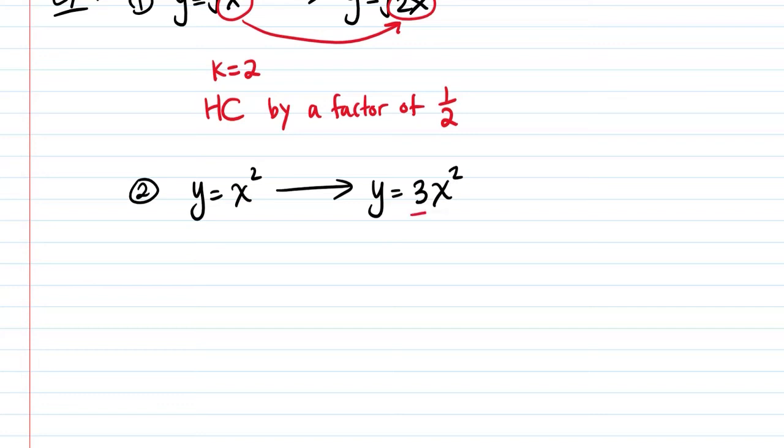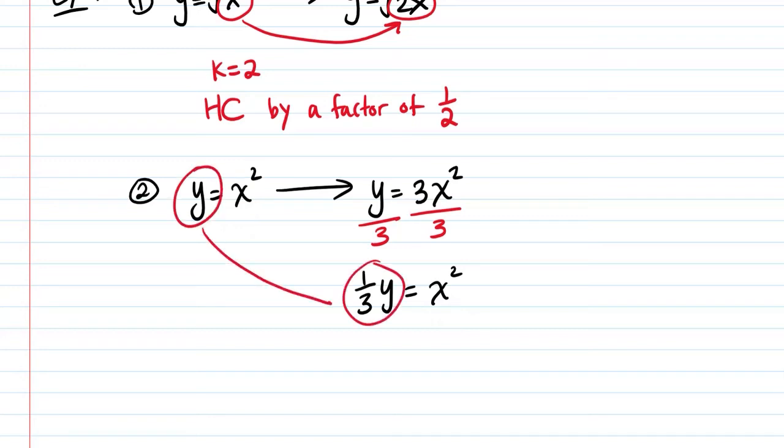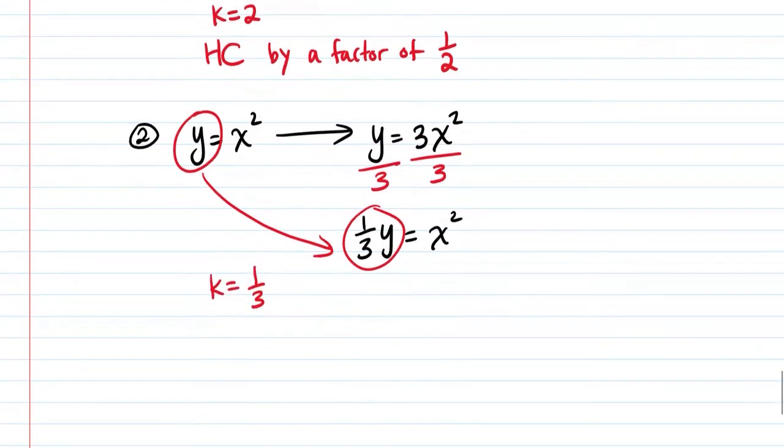Okay, so we're going to divide the whole equation by the 3, and it will be 1 over 3y is equal to x squared. So as you can see, there is no change to the x variable. Only the y is changed. So y becomes 1 over 3y. So k value is 1 over 3. So it is for the variable y, it's for vertical.